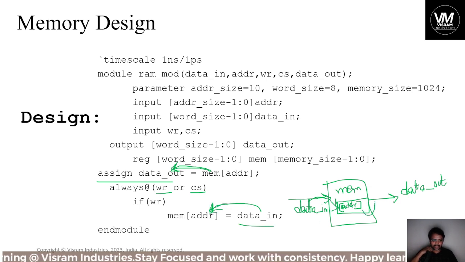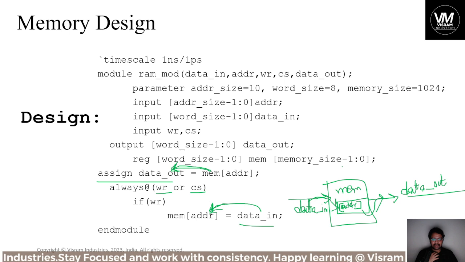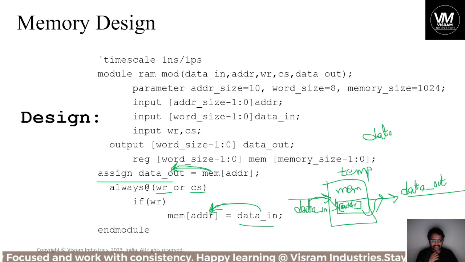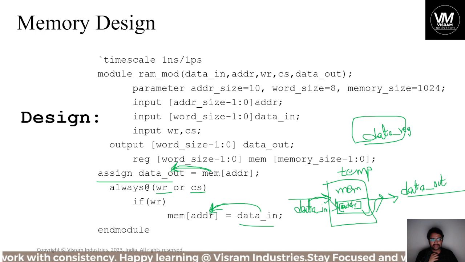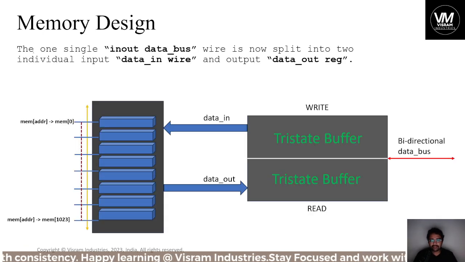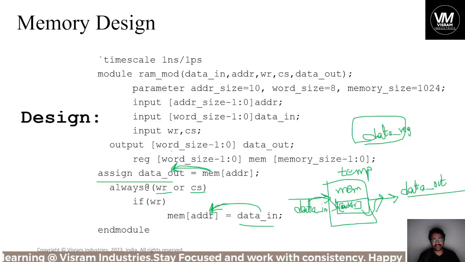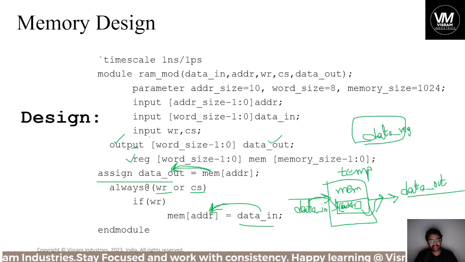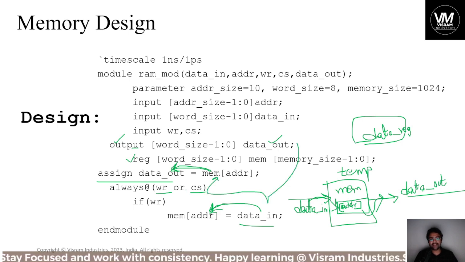Now from this you can directly access the data out without any temporary registers. See, I haven't mentioned any temp or any data underscore reg. You might remember from the previous classes data reg as temporary registers. This is how you can solve the bidirectional data bus issue, the in-out issue. You can solve it in unidirectional, and those unidirectional registers: data out, output is register, inputs are wires. So those kind of registers can be used directly.